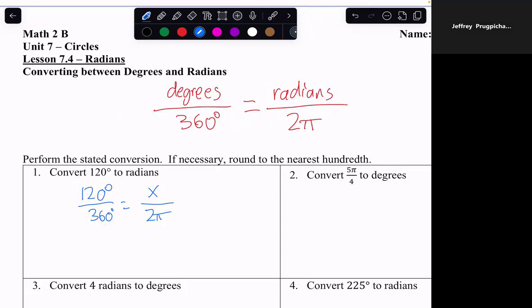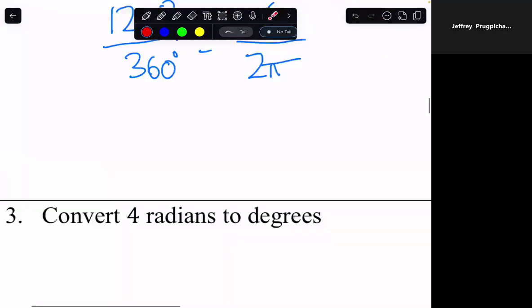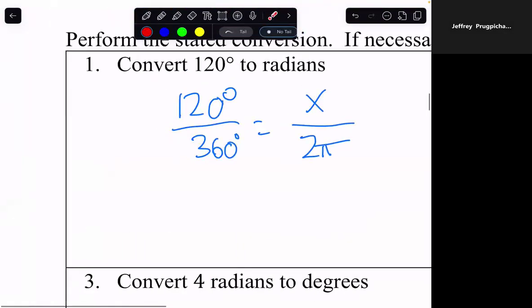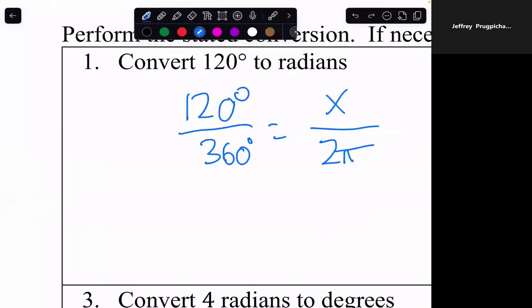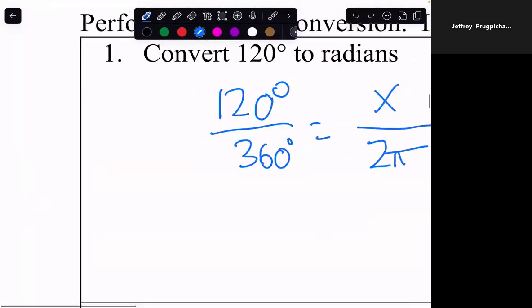This is a proportion. We have two fractions equal to each other. I always recommend reducing if possible. So before we even look at the other side, we can reduce this. 120 over 360 reduces to 12 over 36, which reduces to 1/3.